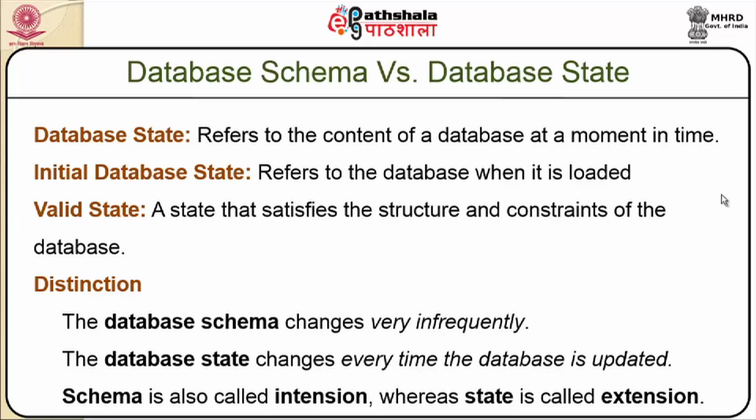So, anything that obeys the structure and the constraints of a database, as we have initially defined, is part of a valid schema, which later became the schema of a database. So, this has got a distinction. The database schema changes very infrequently, while the database state changes every time the database is updated. So, the schema is also called an intention, whereas the state is called an extension. This is how we differentiate between a schema and a state.